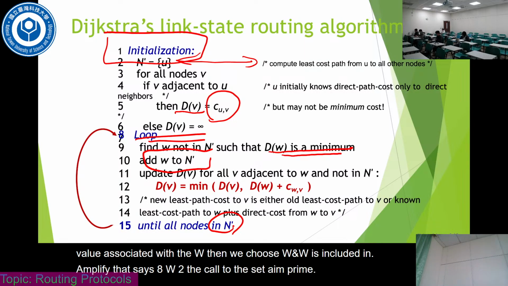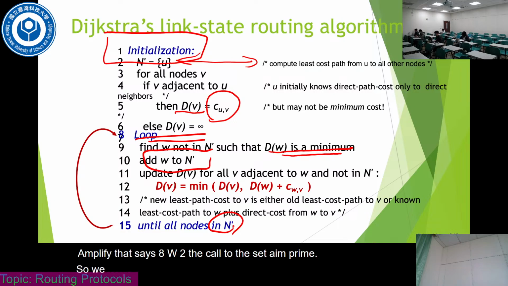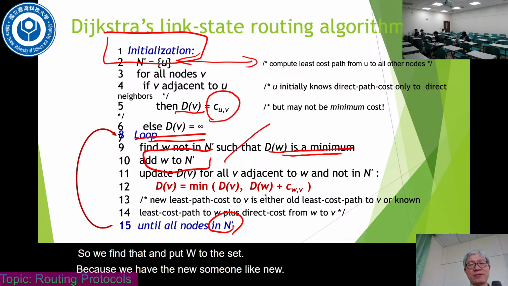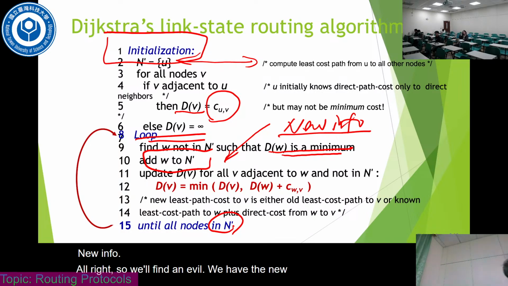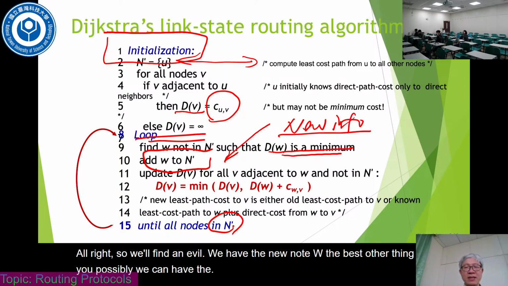So we find w and put w into the set, because we have new info. We have the new node w, so based on the new node, possibly we can update the least cost.